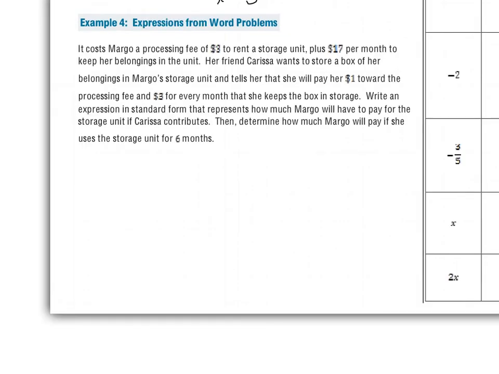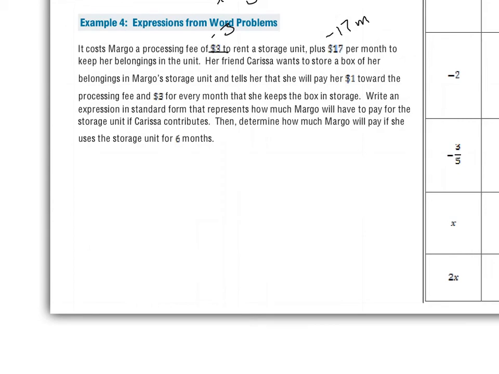Looking at this next one, it says that it costs Margot a processing fee of $3, so that's a cost. We know that's going to be negative $3 plus $17 per month, so that's going to be negative $17 for every month. So negative $17 times the number of months.